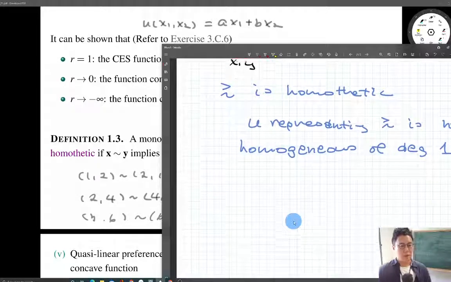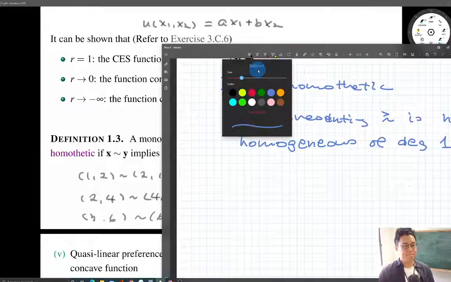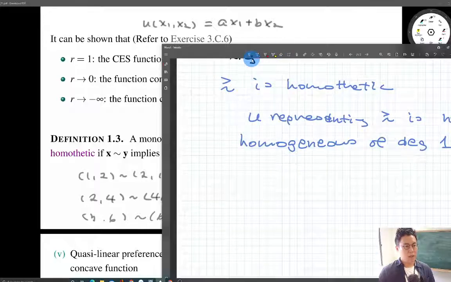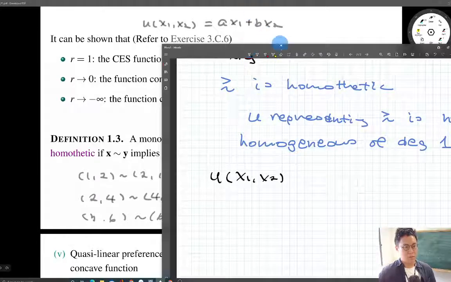That means, U of x1 comma x2, suppose that we scale up x1 and x2.